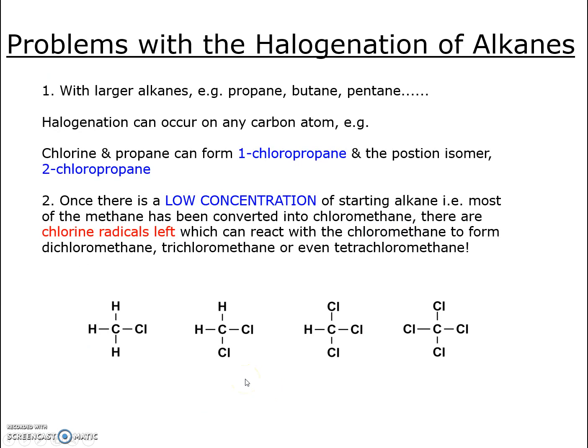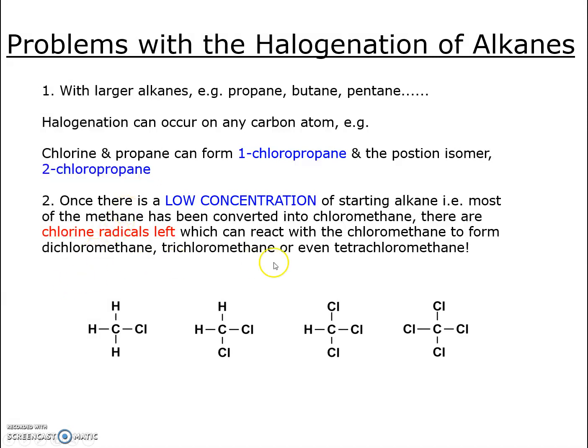Now, there are many problems with this reaction. First and foremost, if you go to something like propane, butane, pentane, the halogenation can occur in different positions, i.e. the position of where the chlorine or the bromine or the iodine atom goes changes. So in the reaction of chlorine and propane, we get a mixture of 1-chloropropane and its positional isomer 2-chloropropane. That's bad enough.